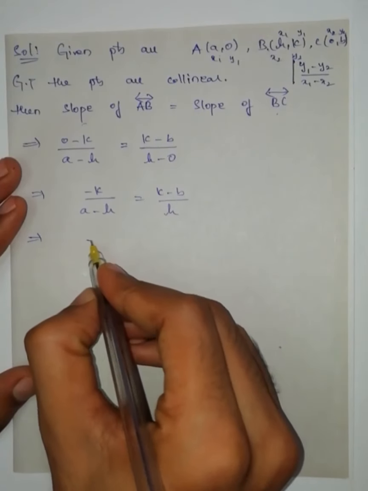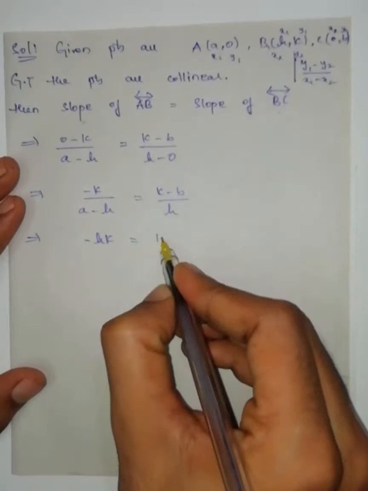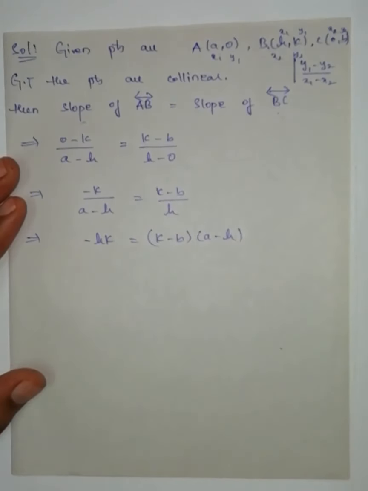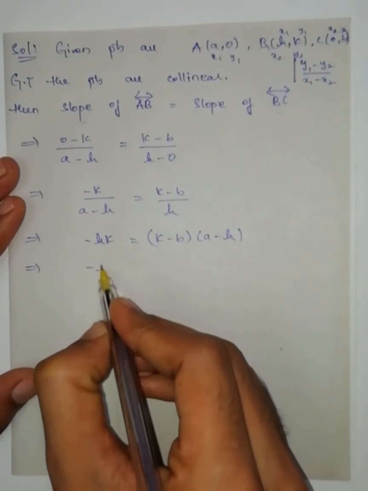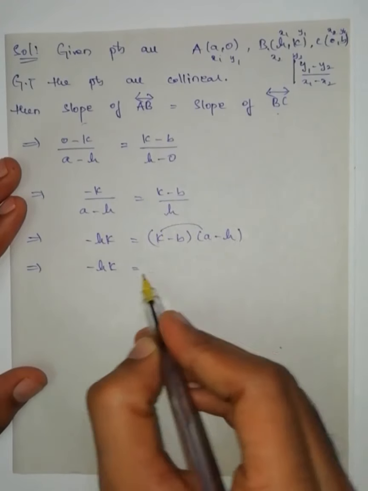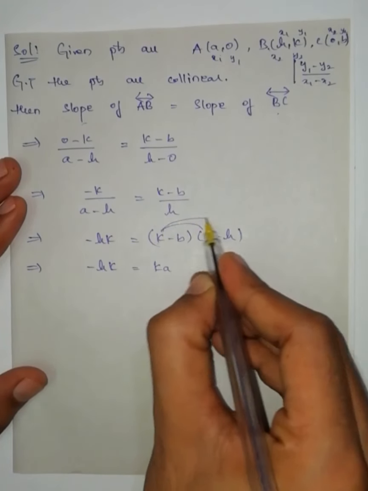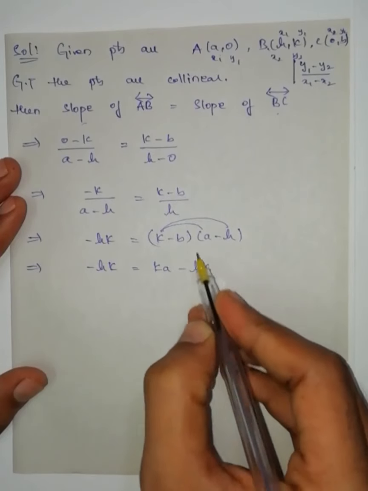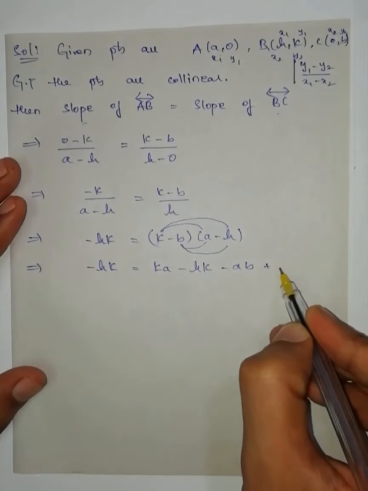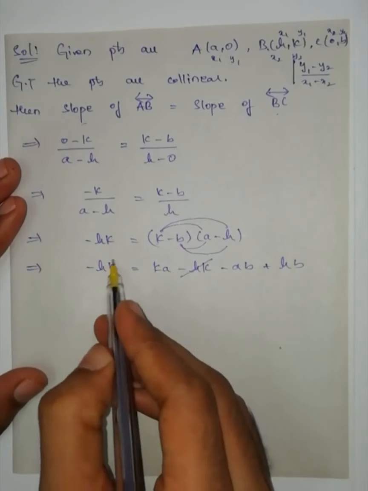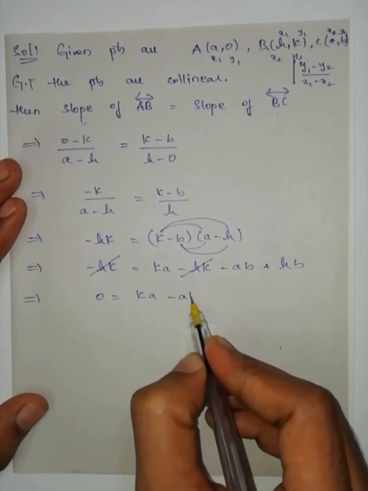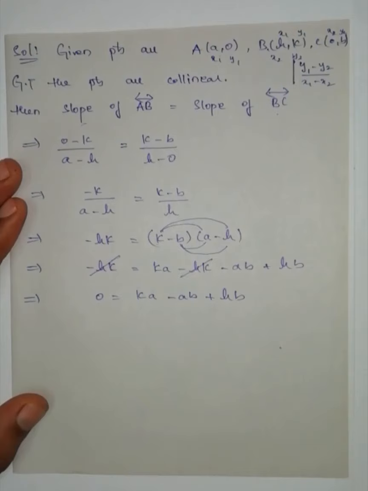Cross multiply, minus hk is equal to k minus b into a minus h. This implies minus hk is equal to, multiply, ka minus hk minus ab plus bh. Minus hk get cancelled. 0 is equal to ka minus ab plus bh.